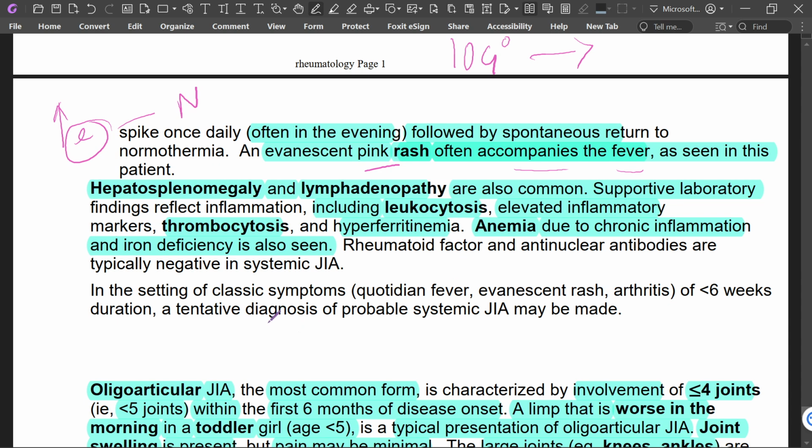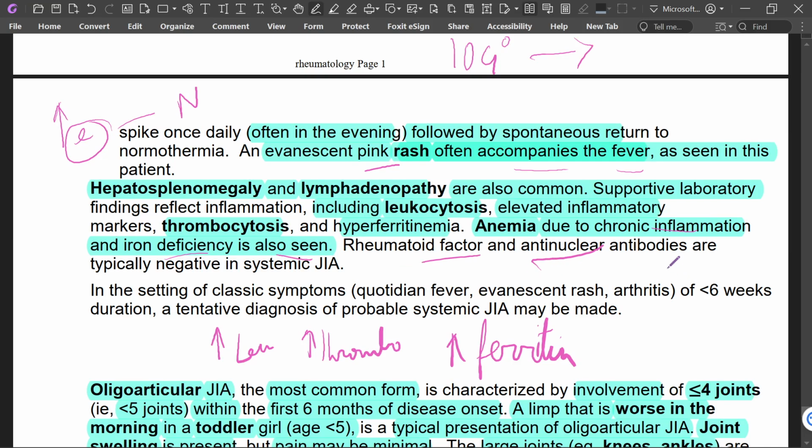This is very high yield: leukocyte count high, increased thrombocytes, increased ferritin, and anemia due to chronic inflammation. Iron deficiency anemia is also seen.